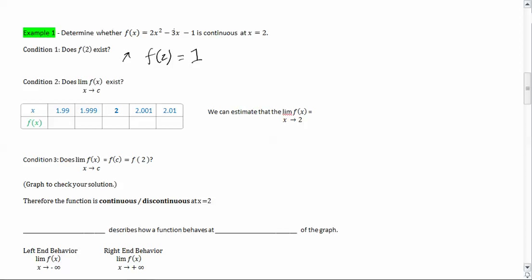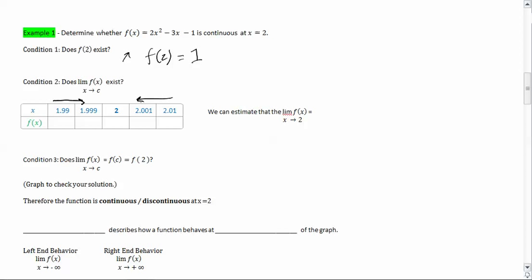Does the limit of f of x exist as x approaches c? So now we can write a table in order to define this. We plug in 1.999, 1.99, we plug in 2.001, 2.01. What we're doing by doing this is approaching our value from the left and from the right, and we're seeing what's happening as we get closer and closer to that value of c, which in this case is 2.